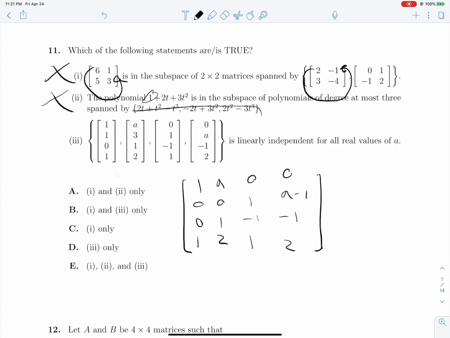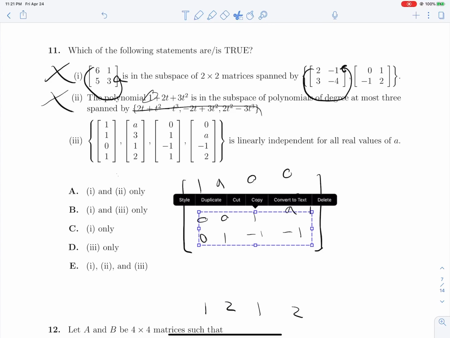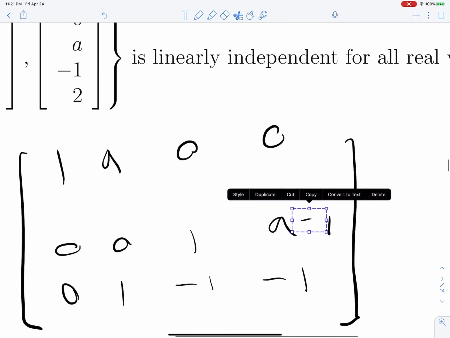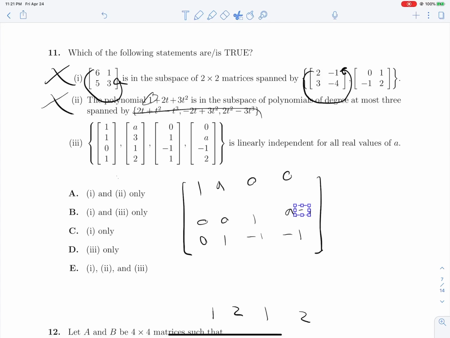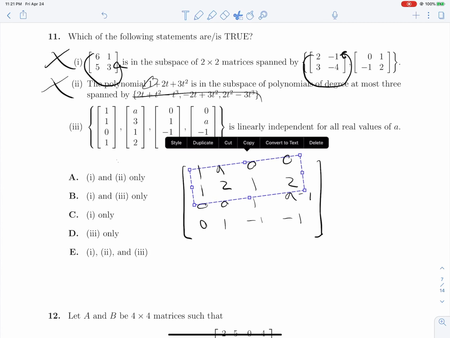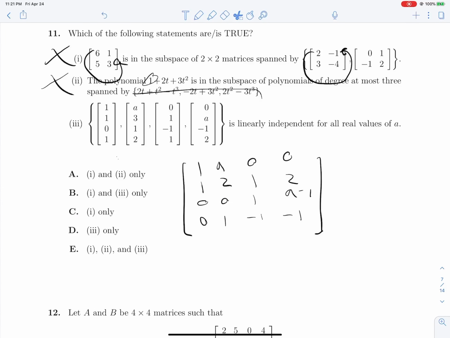And what else is going on? Let's swap around some rows really quickly. What we're looking for is either a case where it's clear that a certain value of A will lead to fewer than 4 pivot positions, or a case where we just have 4 pivot positions and it doesn't matter what any of our values of A are. Let's subtract row 1 from row 2.